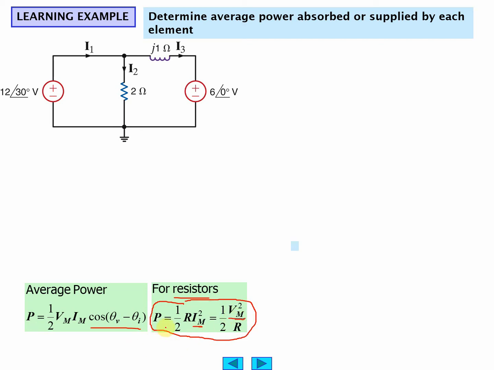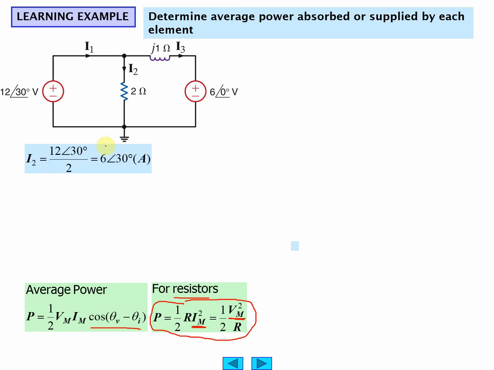In DC circuits, remember power equals R i squared, or V squared over R. The 1/2 is missing there. The 1/2 is here because we're talking magnitudes. We're not talking like it's constantly high. This is the peak that it reaches.